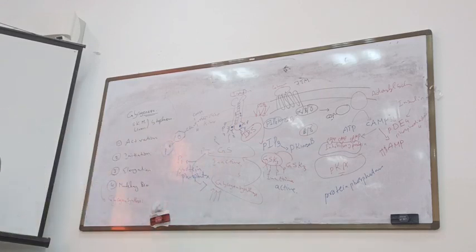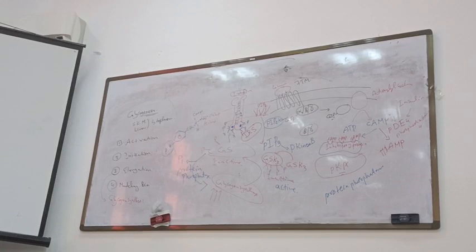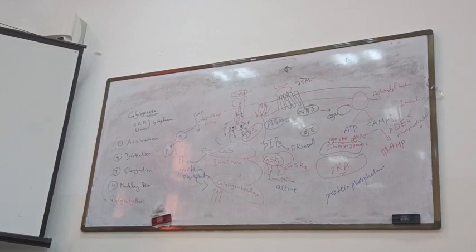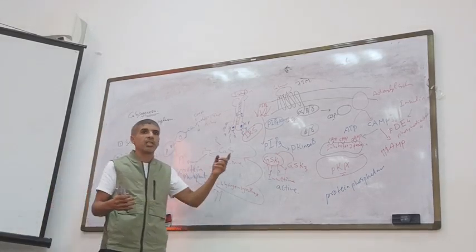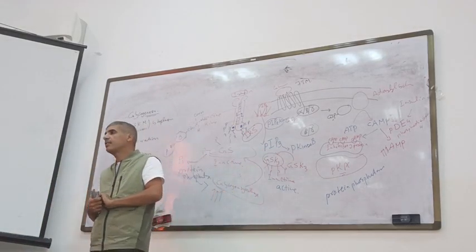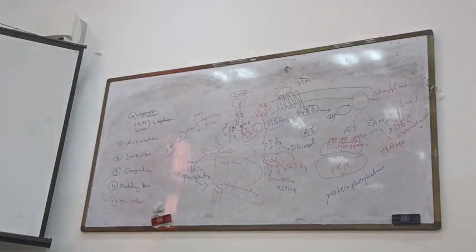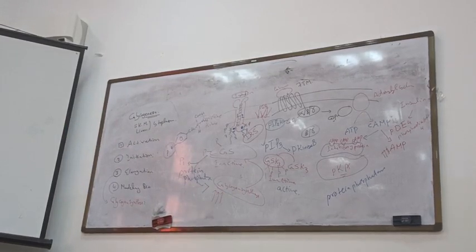So there are three mechanisms by which insulin antagonizes glucagon. Number one, hydrolyzing cyclic adenosine monophosphate. Second, gene expression and activation of protein phosphatase, which antagonizes protein kinase A. Number three, insulin is responsible for activation of protein kinase B, the enzyme responsible for the activation of glycogen synthase kinase 3.